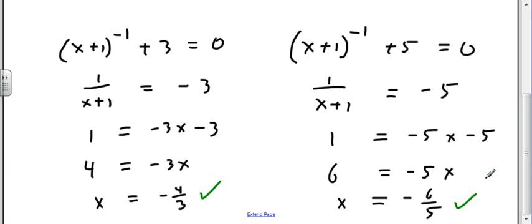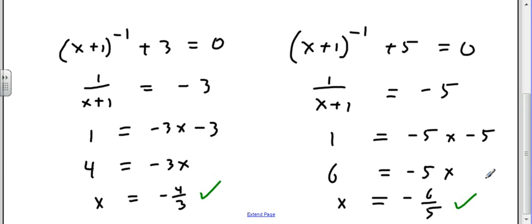I'm doing it again. x plus 1 raised to the minus 2 plus 8 times x plus 1 raised to the minus 1 equals 0. Boom. Oh, look at that. x is minus 3 over 4. And I have 4 over 3. Oh, wait a minute.